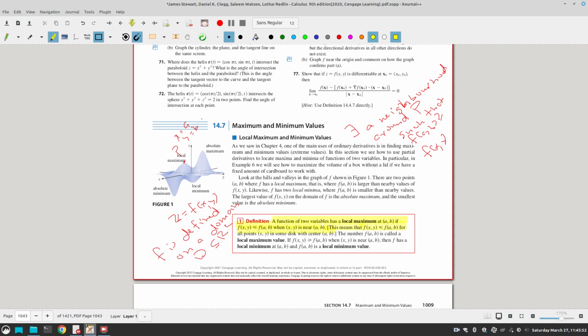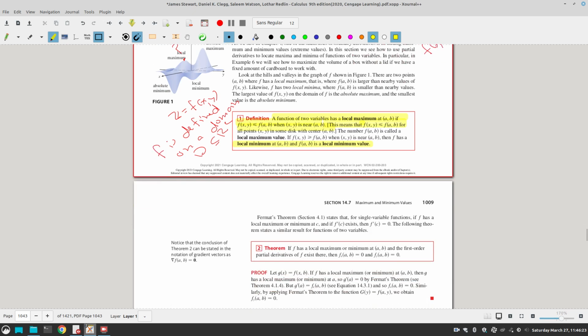Similarly, if f(x, y) is greater than or equal to f(a, b) in that neighborhood near (a, b), then f has a local minimum at (a, b), and f(a, b) is a local minimum value. These ideas of local minimum and local maximum are defined in an analogous fashion to the notions of local maximum and local minimum in single variable calculus.